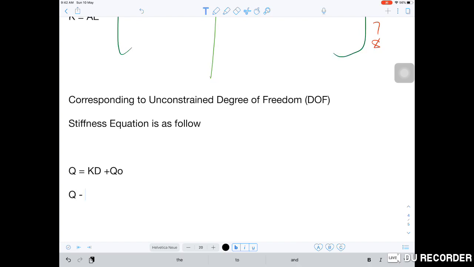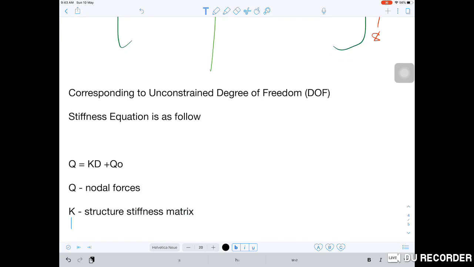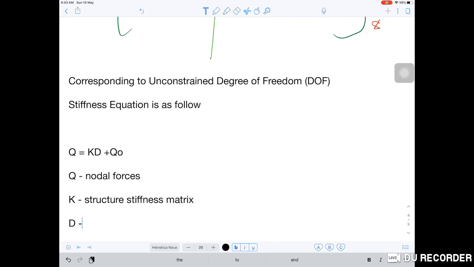Q is the nodal forces. What is K? K is the structure stiffness matrix. What is D? D is the nodal displacement.